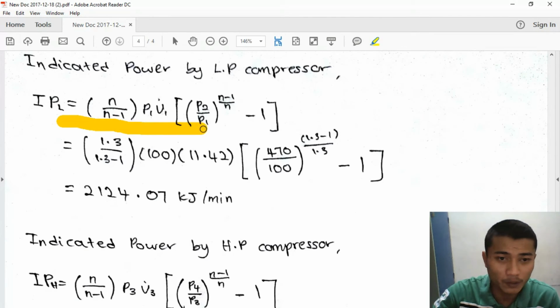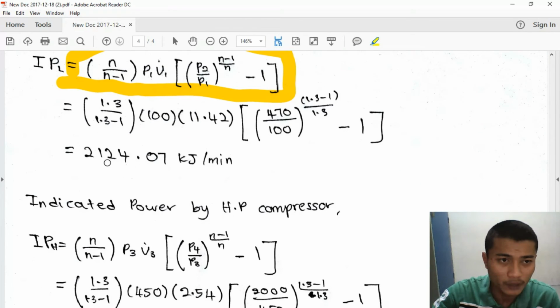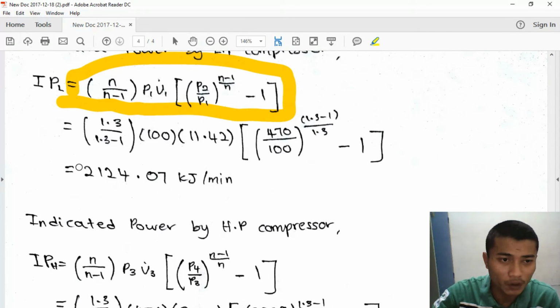From this formula, we get the indicated power for the LP cylinder, which is 2124.07 kilojoules per minute.